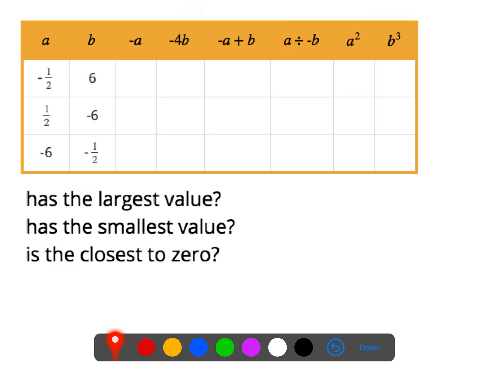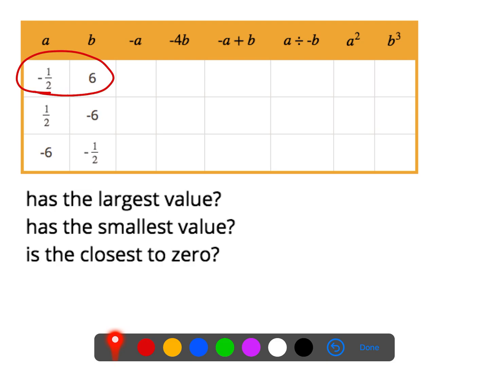But what we're doing is we're taking different quantities of A and B and we're writing them into different expressions. So in this case, our A and B values are negative 1/2 and 6. Now, negative can also mean opposite.